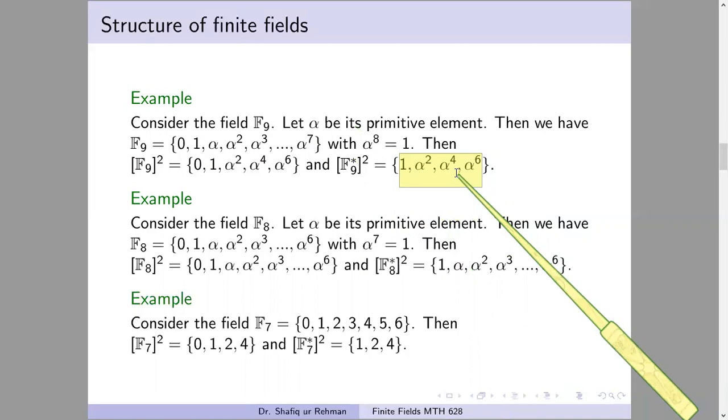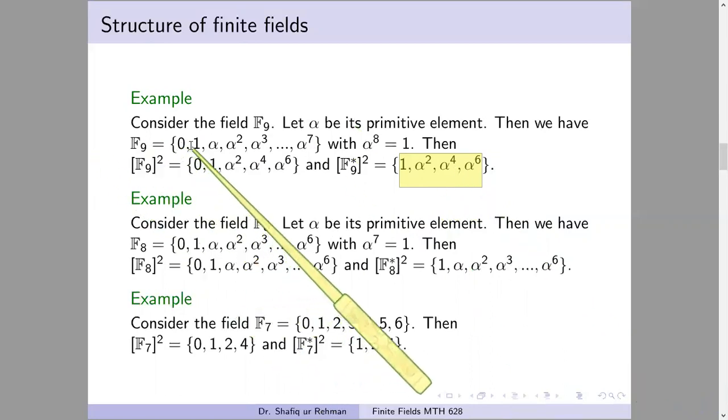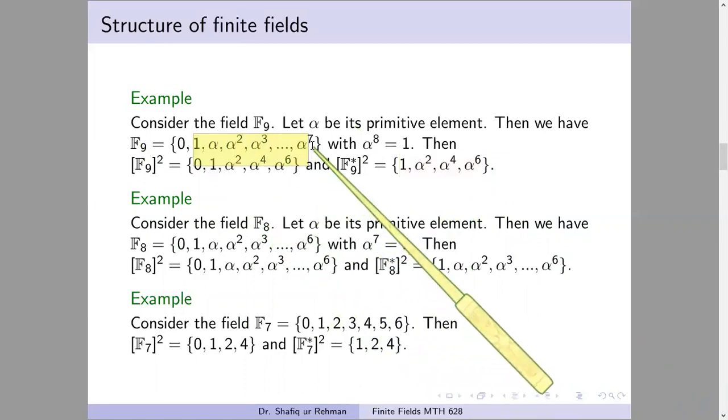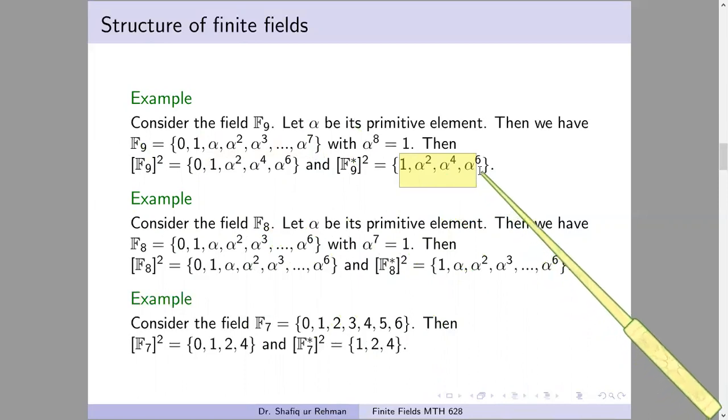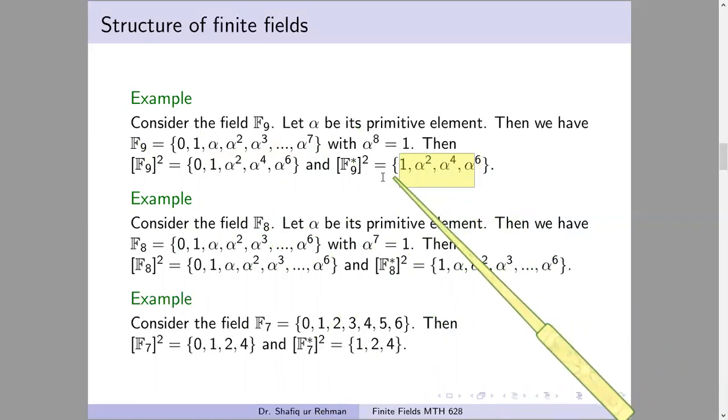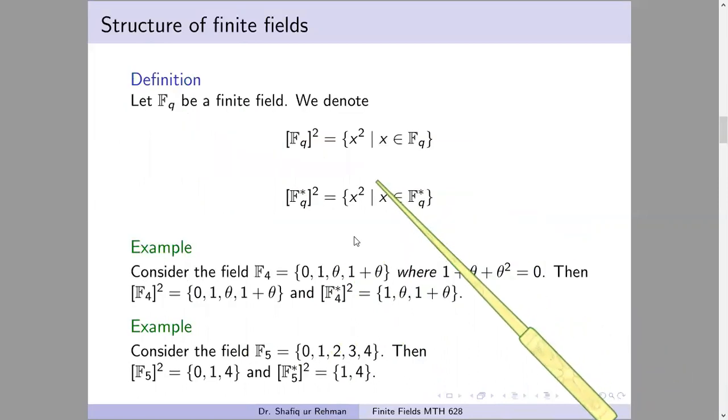You see, in the field F9, if we exclude 0, the remaining group is a group of order 8, and half the elements are squared elements, which are equal to the square of some element, and half the elements are not squares. The same you observed in the case of F5, but in a field of even characteristic, a field of even order, you notice that this does not happen.